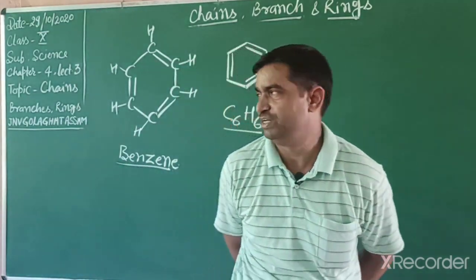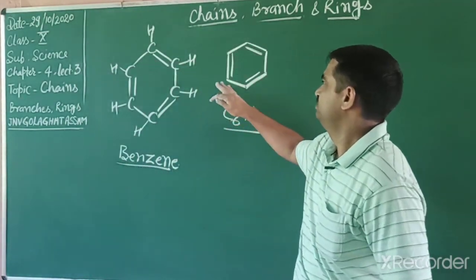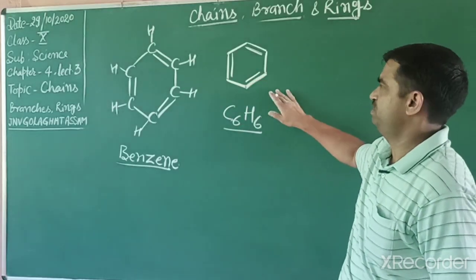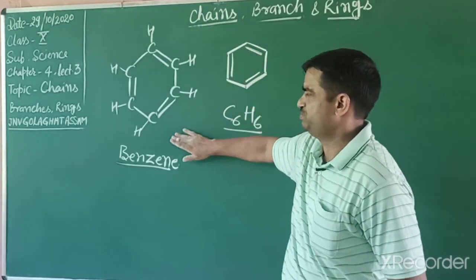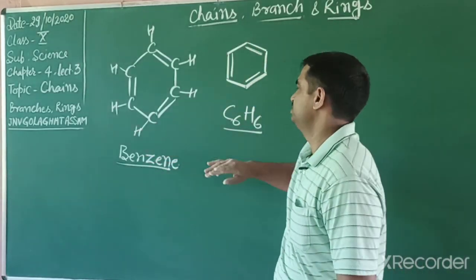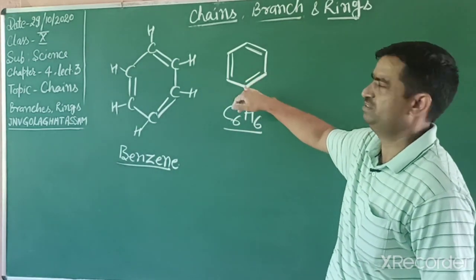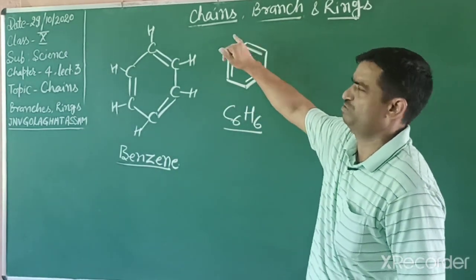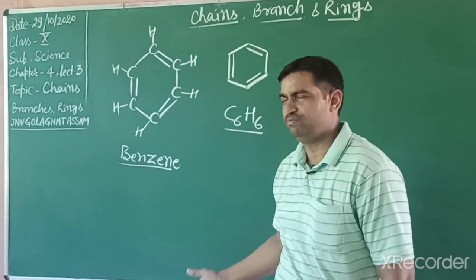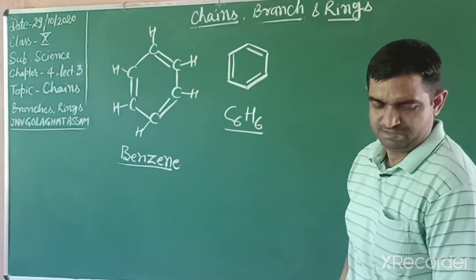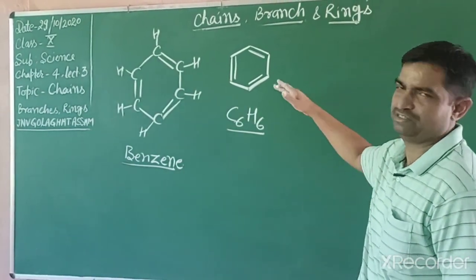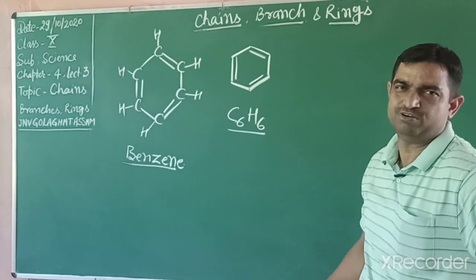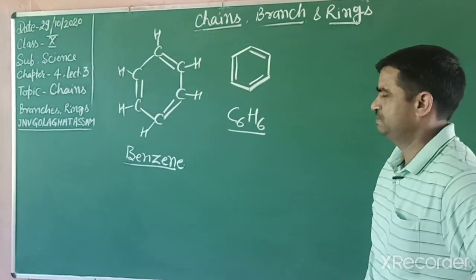Friends, in this way we can explain this compound is a special compound, and its IUPAC name is also benzene, and we can write in this way also 1, 2, 3, 4, 5, 6, but we will discuss that after studying detailed nomenclature of organic compounds.